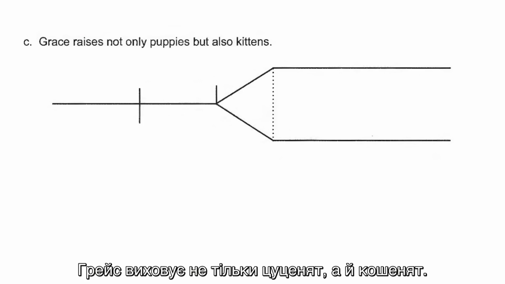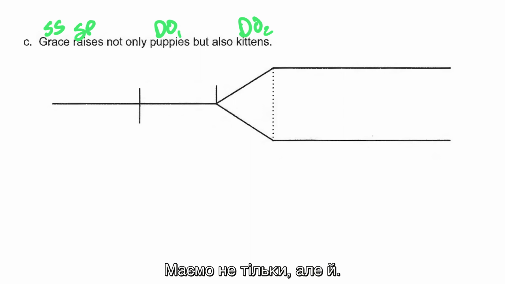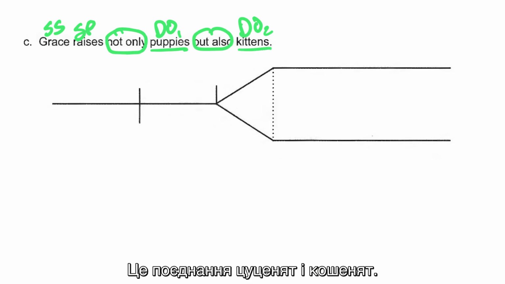Grace raises not only puppies but also kittens. Who or what is this about? It's about Grace. What does Grace do? She raises. What does she raise? Puppies, kittens. We have not only but also. That's our correlative conjunction. It's combining puppies and kittens.